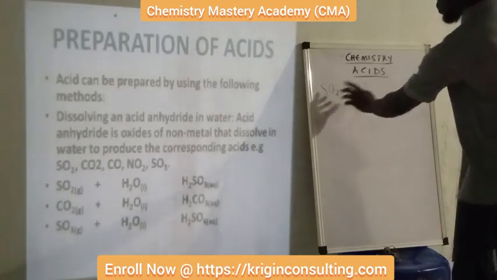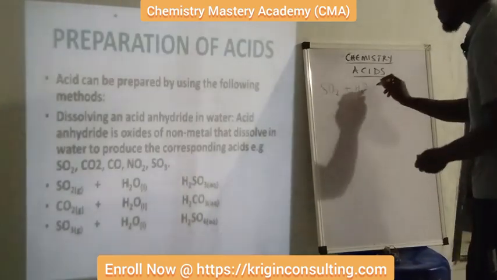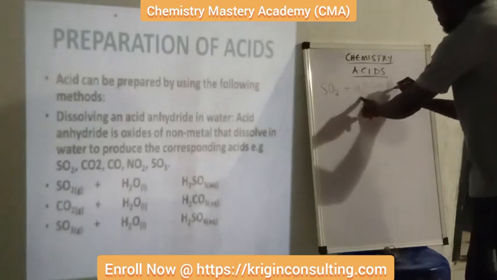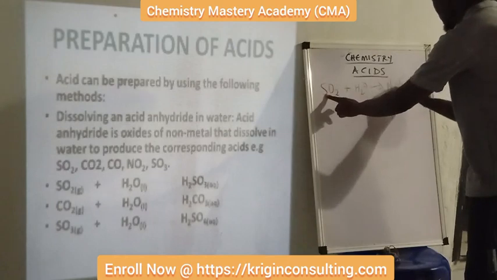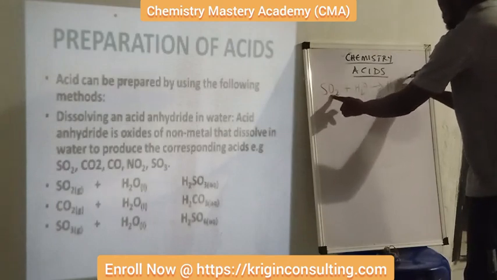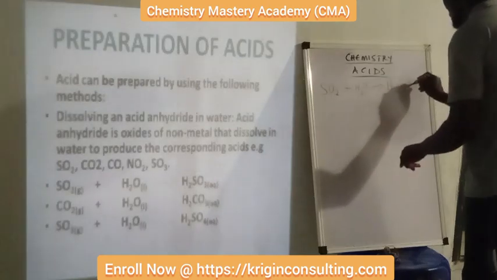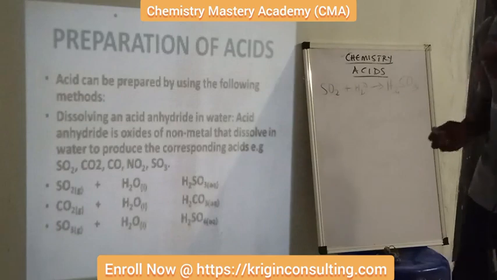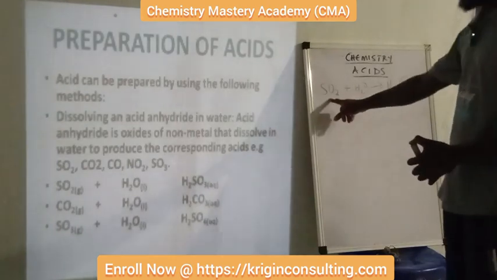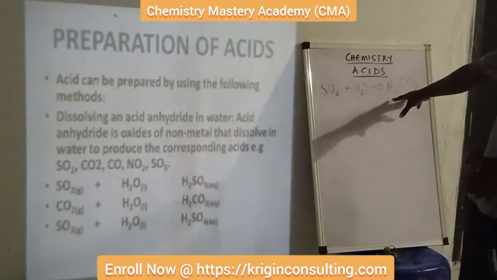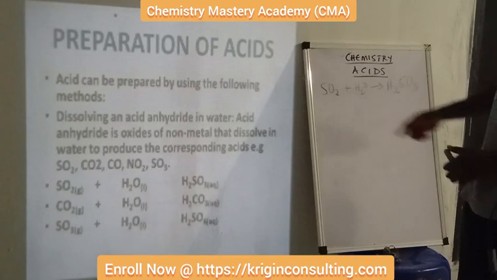SO2 plus water will give us H2SO, now 2 oxygen plus 1, 3, so it will give us H2SO3. So you see, we have succeeded in forming an acid, which is H2SO3.